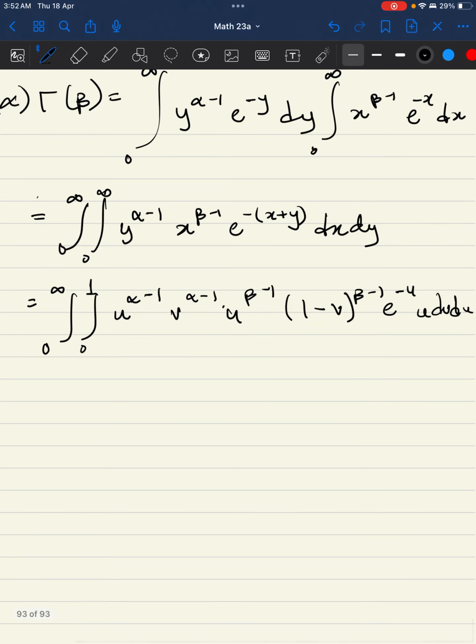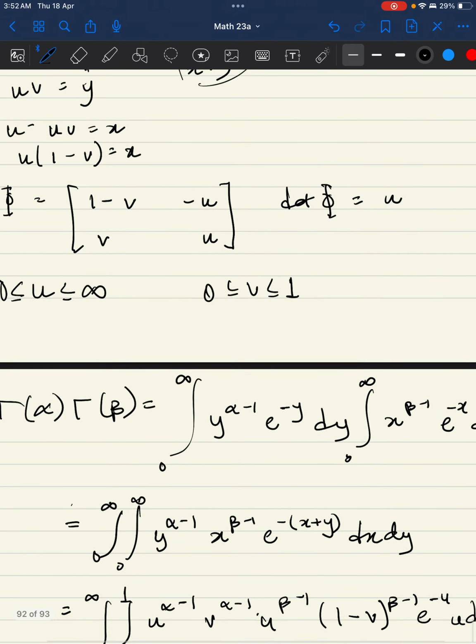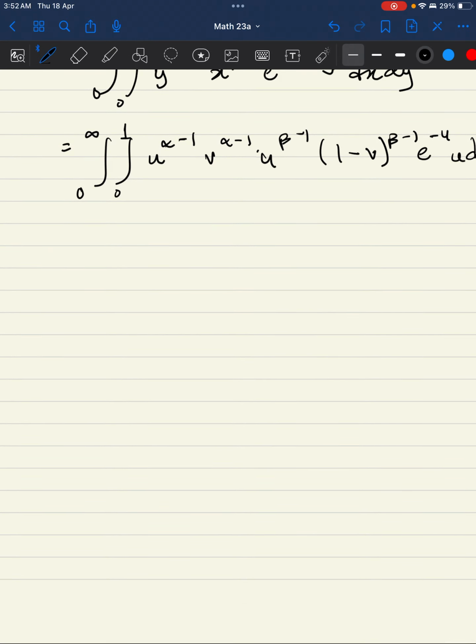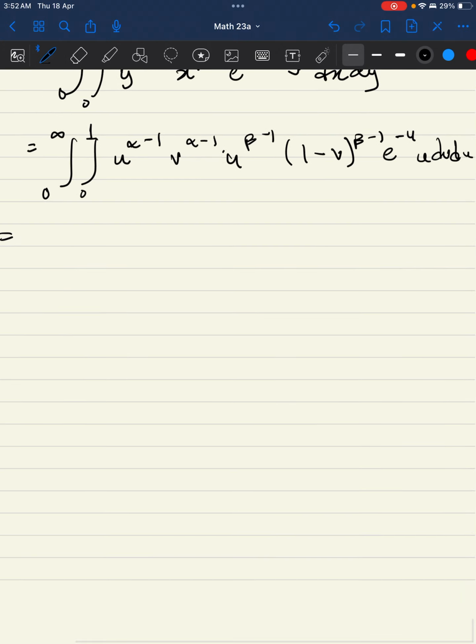Here we're using the determinant property from what we just figured out. I'm going to move around all the v terms and the u terms so that they're separated out.